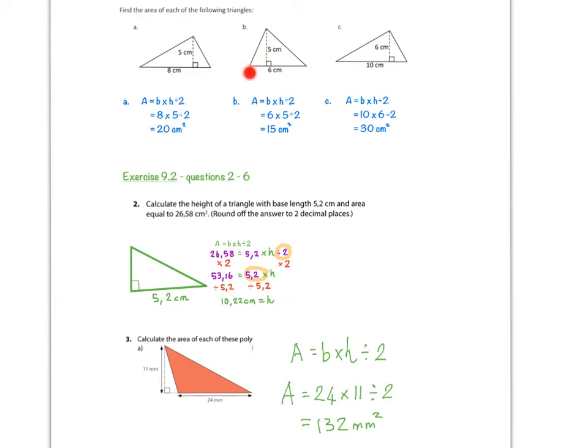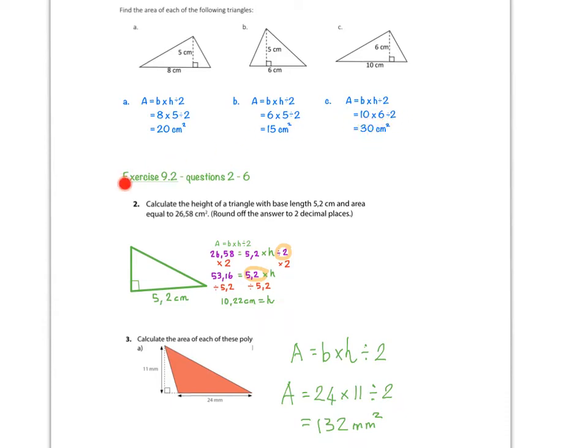Again, here we have a base of 6 multiplied by the perpendicular height of 5. We get 30, divided by 2 gives us 15 centimeters squared. The last one, we have a base of 10, a perpendicular height of 6, multiplied together gives us 60, divided by 2 gives us 30 centimeters squared.